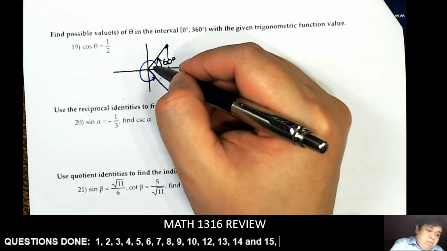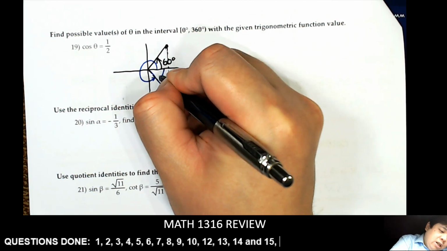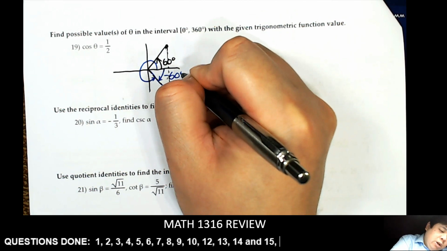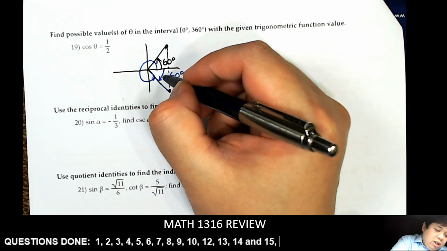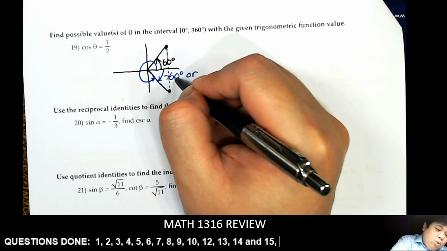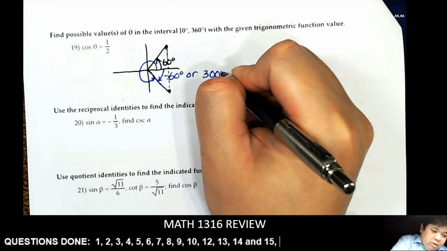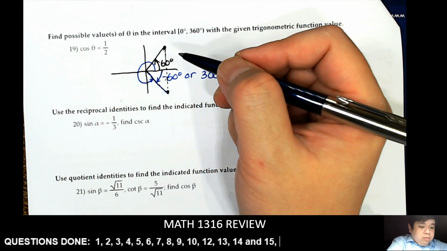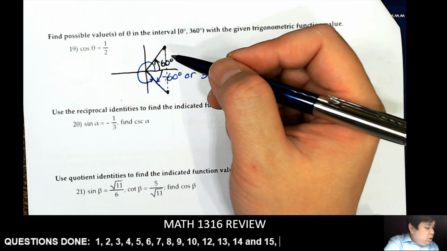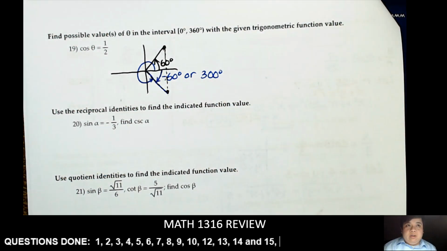So 360 minus 60, so either we say it is negative 60 degrees, or the answer must be from 0 to 360. So the coterminal of that, we add 360 to negative 60, or 300 degrees. Again, we can use negative 60 degrees, or we use the coterminal angle. We add 360 to it and make it 300.